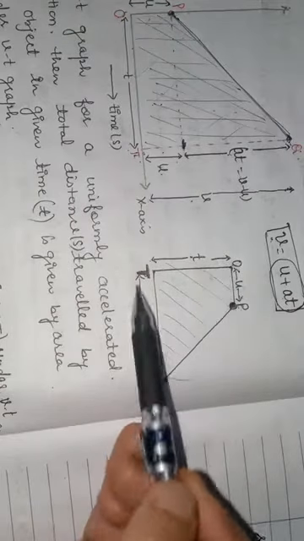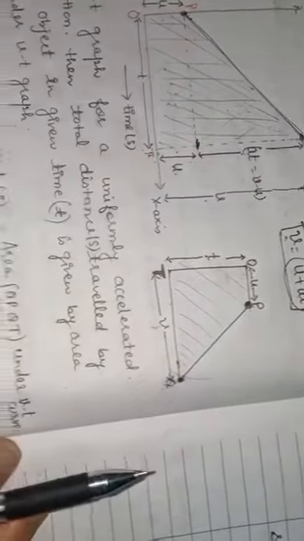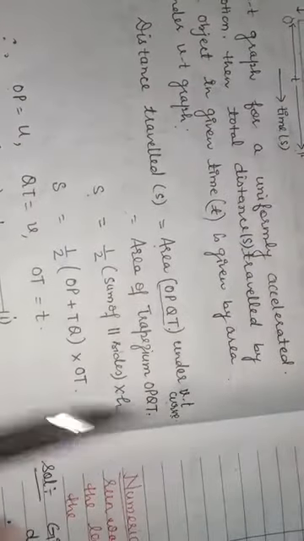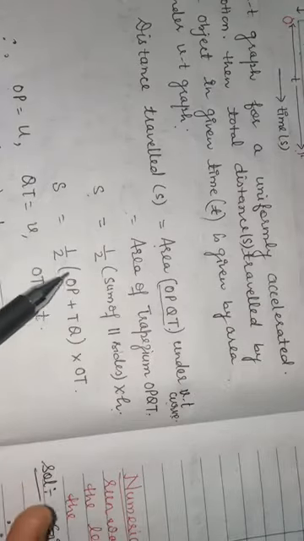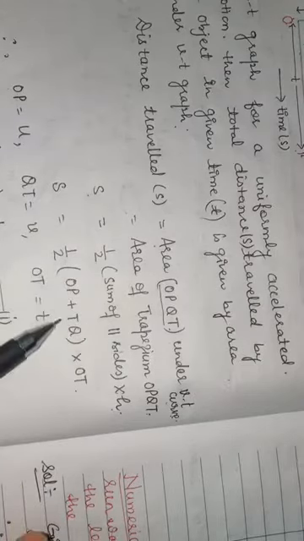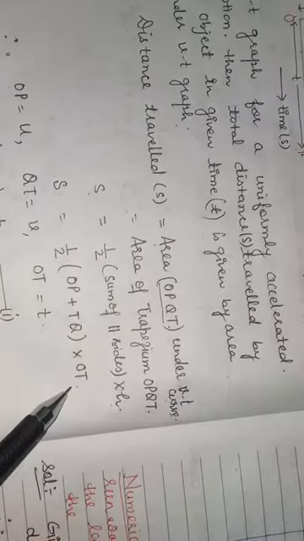So we will substitute the values of these parallel sides and the height in the formula. Then from the figure, the total distance traveled is equal to half into OP plus QT. These are the parallel sides multiplied by the perpendicular distance between these two parallel sides.